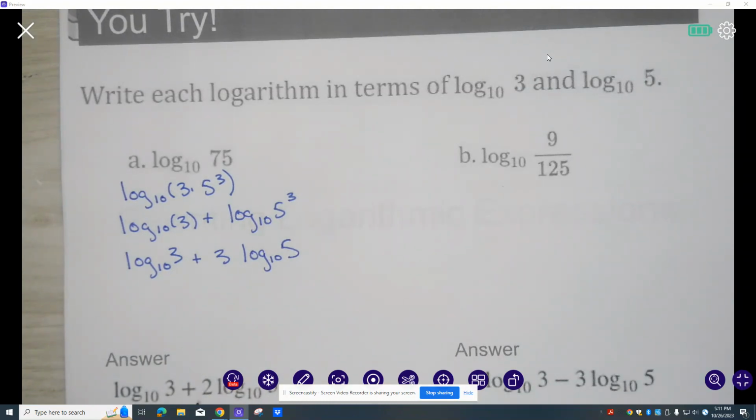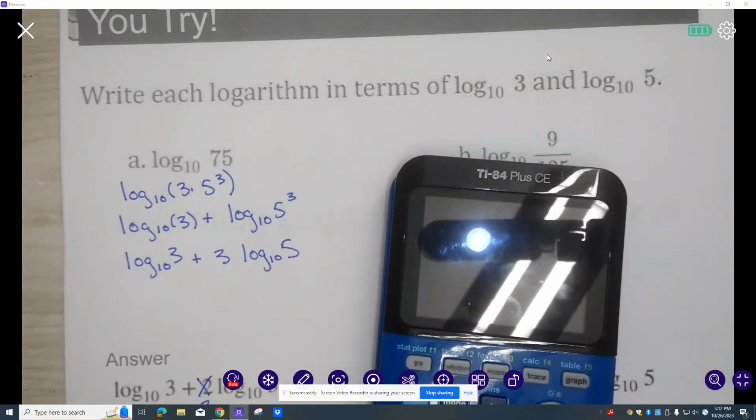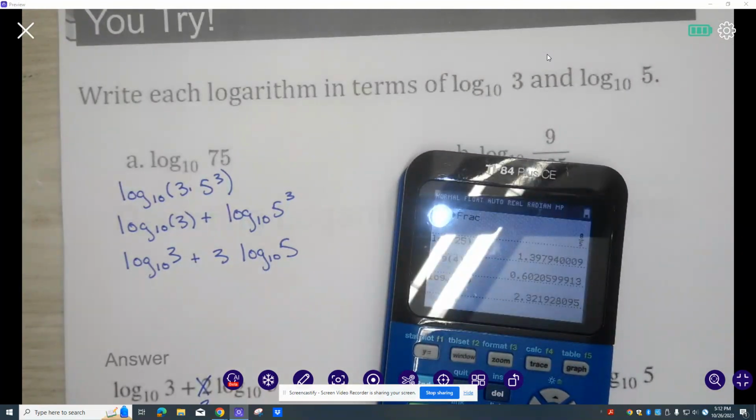I don't know why there's a 2 here. I think that should be a 3. Yeah, that should be a 3. Because 5 to the third, oh, wait a minute.